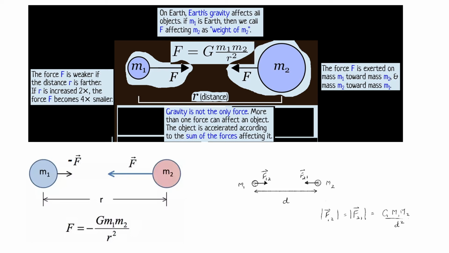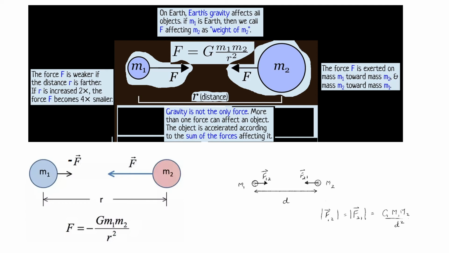The force F is weaker if the distance r is further away. So if the distance between M1 and M2 is longer, then the force is weaker. For example, if the distance between them is twice as long, then the force between them will be 4 times weaker.